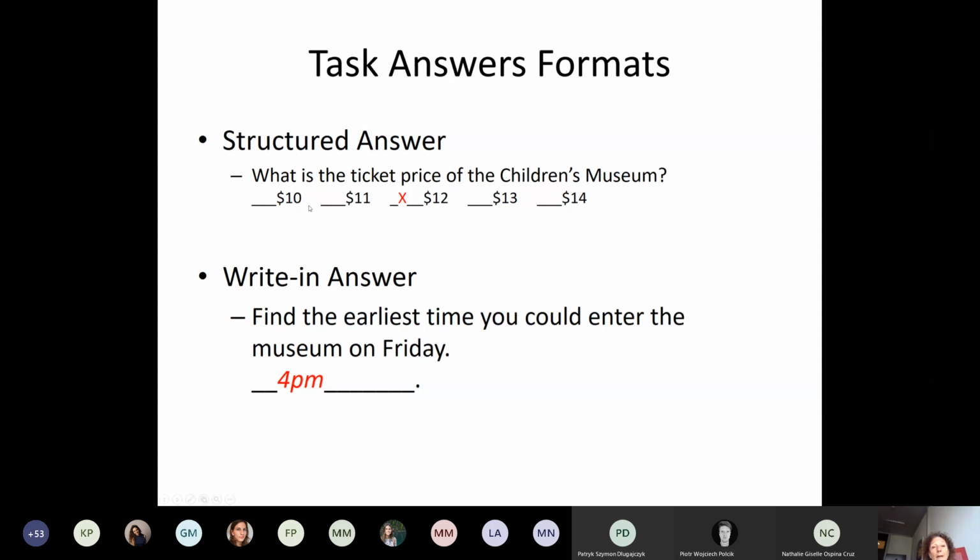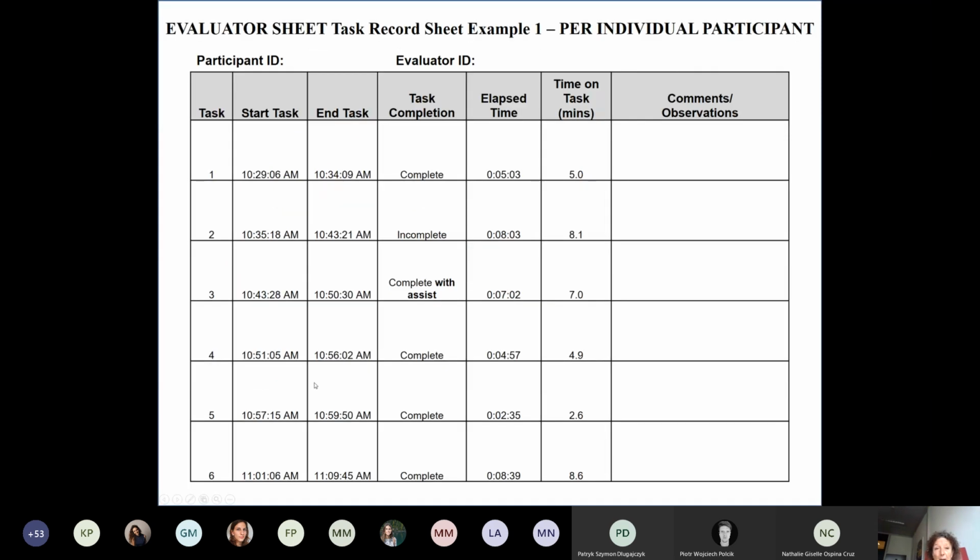But for example, if your task is to find out the price of the children's ticket in a museum website, this question can be asked at the end of the evaluation, to see if the user really remembered what he has seen. So there was evidence that he found this data and he really understood it. The same applies to asking the user for a specific time.